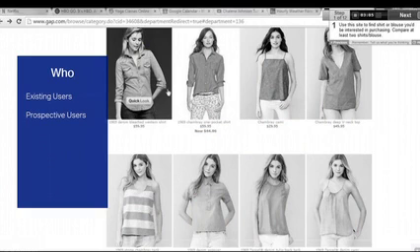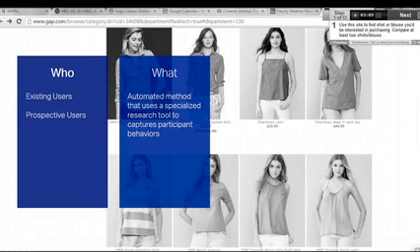These studies can be done with existing or prospective users. They usually use a specialized research tool to capture participants' behavior, sometimes via recording, sometimes via survey.